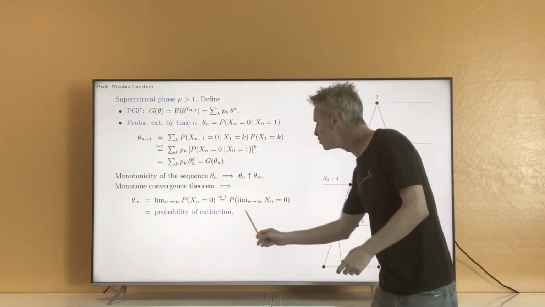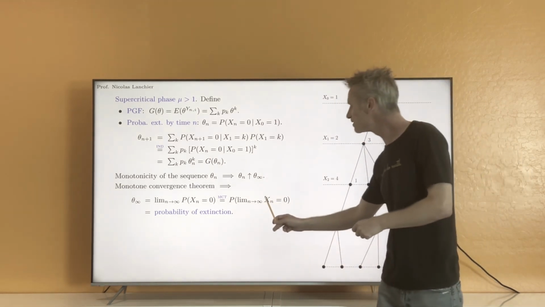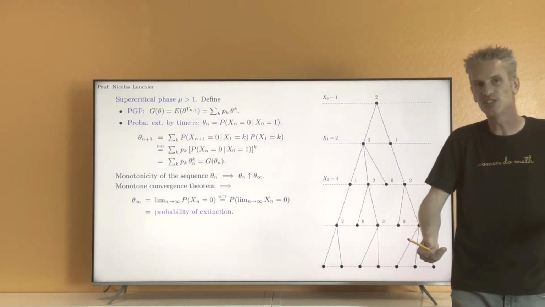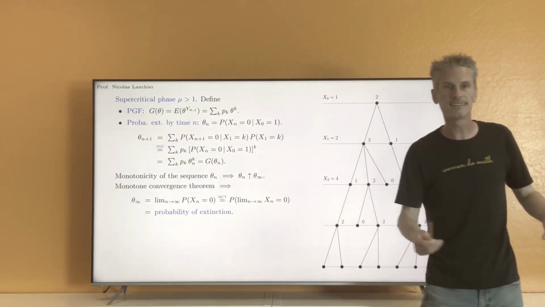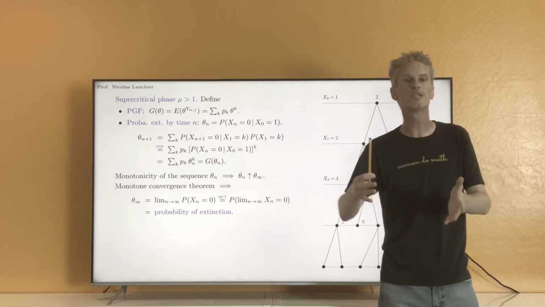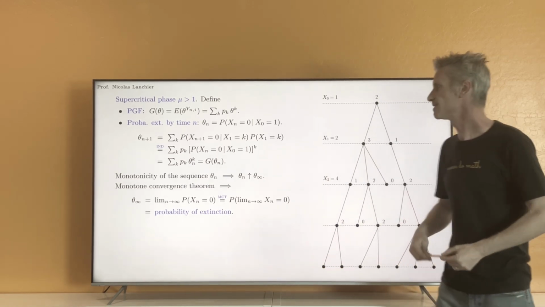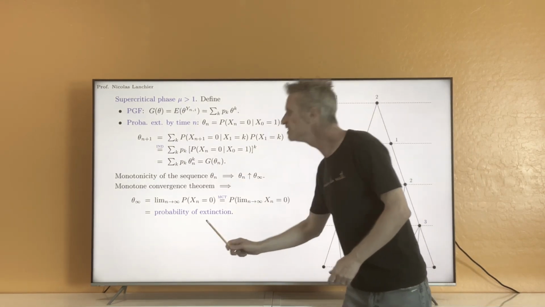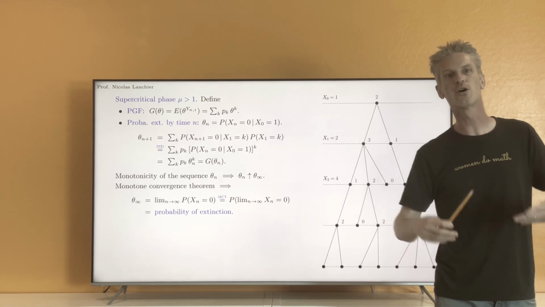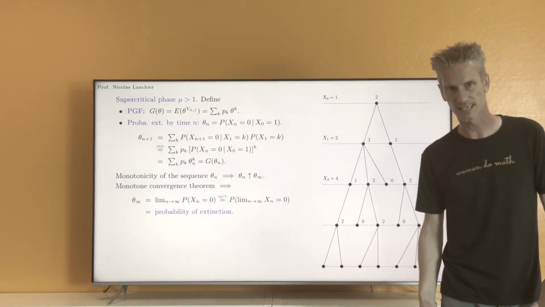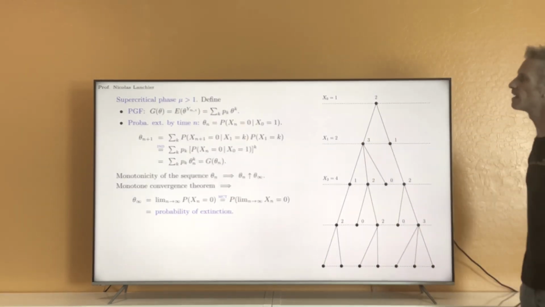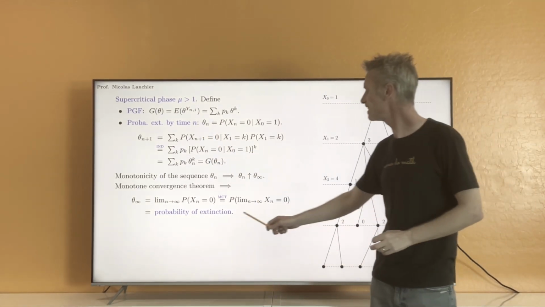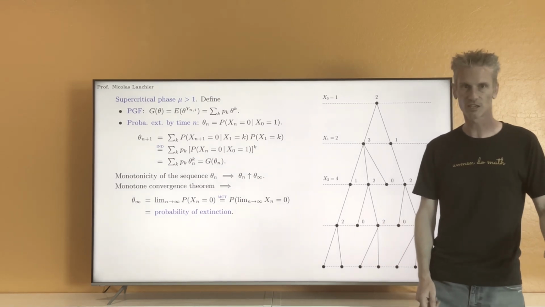But clearly, the event that xn converges to 0 is exactly, by definition, the event that the population goes extinct. And so we have that the limit of this sequence is indeed the probability of extinction of your Galton-Watson branching process.